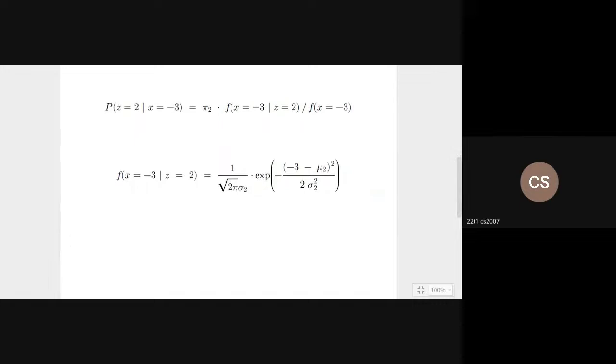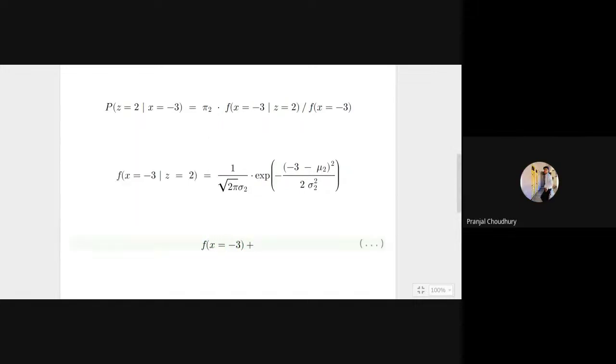Now P of z equal to 2 is what? Pi 2. I already know this, right? So I can replace this by pi 2. The only thing I don't know now is f of x equal to -3. So how do I compute f of x equal to -3?